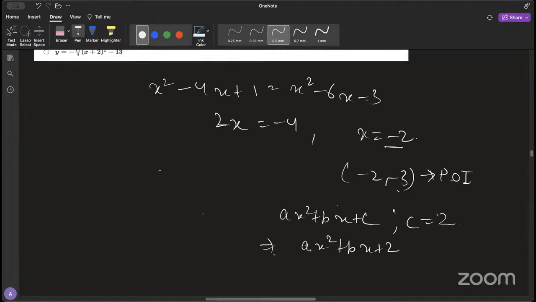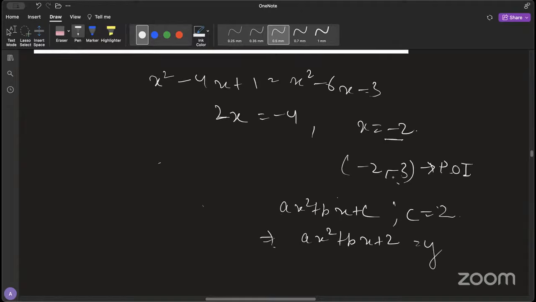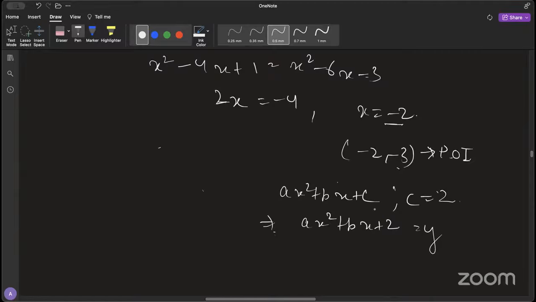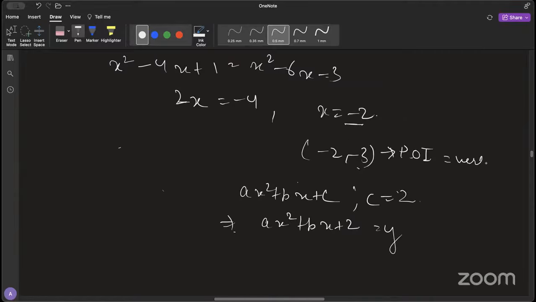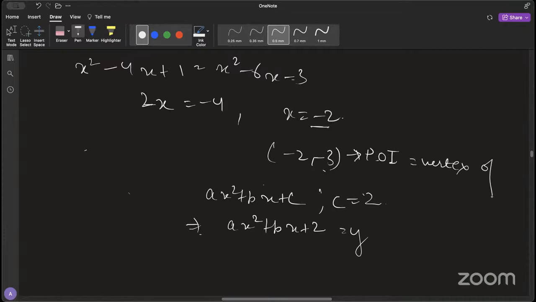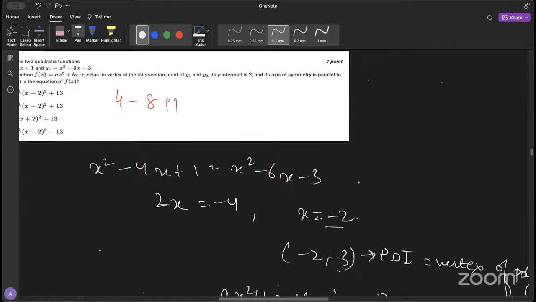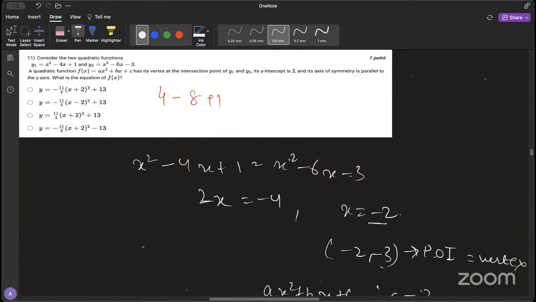One of the points that satisfies this is -2. Its vertex is (-2, -3), right? I got vertex (2, -3). My y-intercept for y1 is 1 and the vertex is coming as (2, -3).